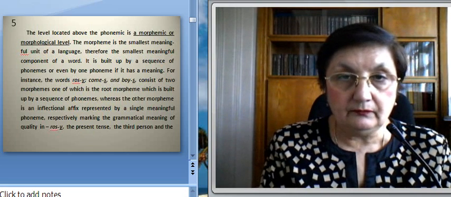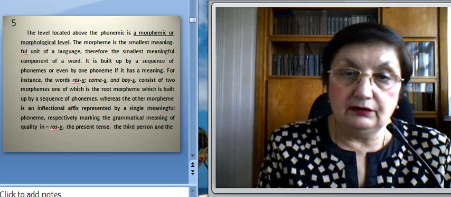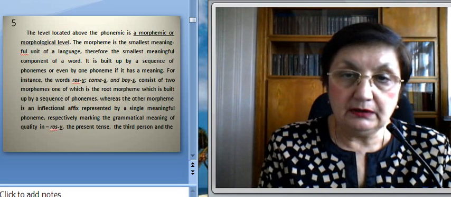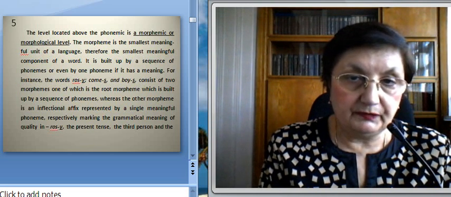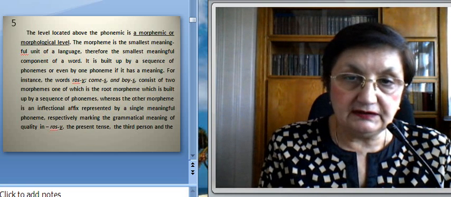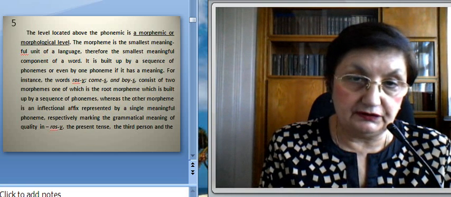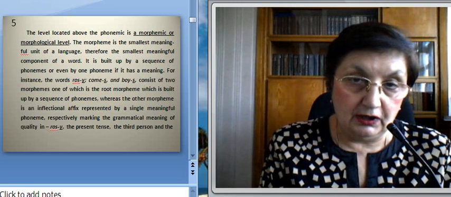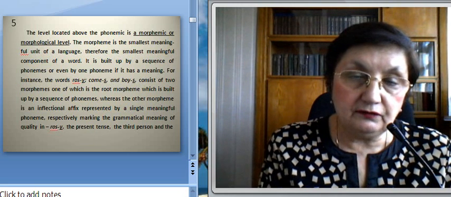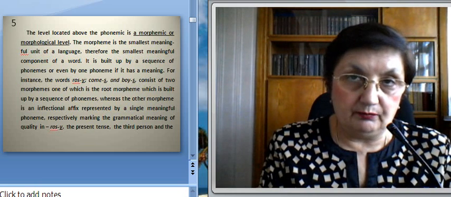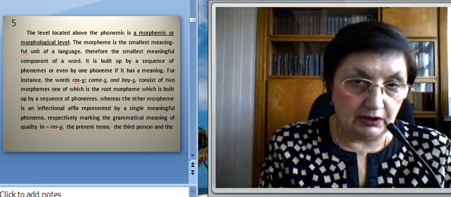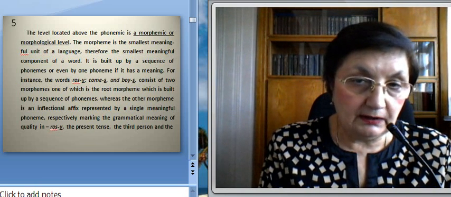The level located above the phonemic is a morphemic or morphological level. The morpheme is the smallest meaningful unit of a language. Therefore, it is the smallest meaningful component of a word. It's built up by a sequence of phonemes, or even by one phoneme if it has a meaning.